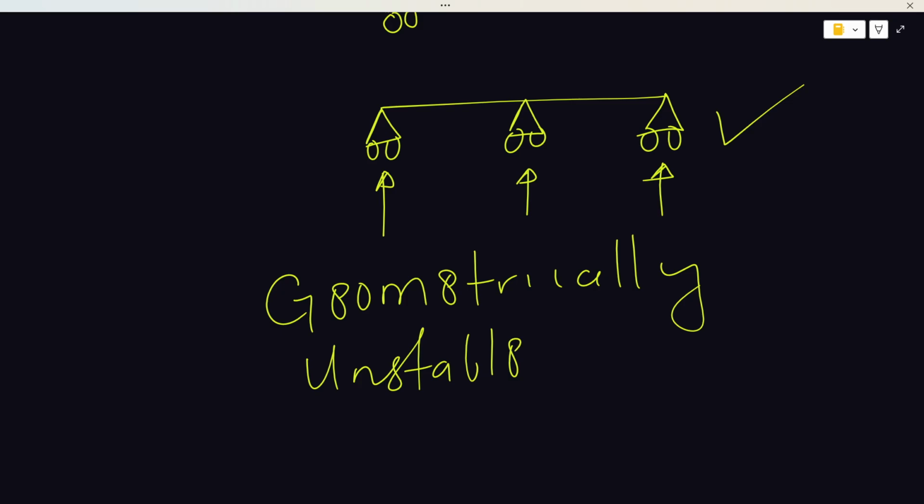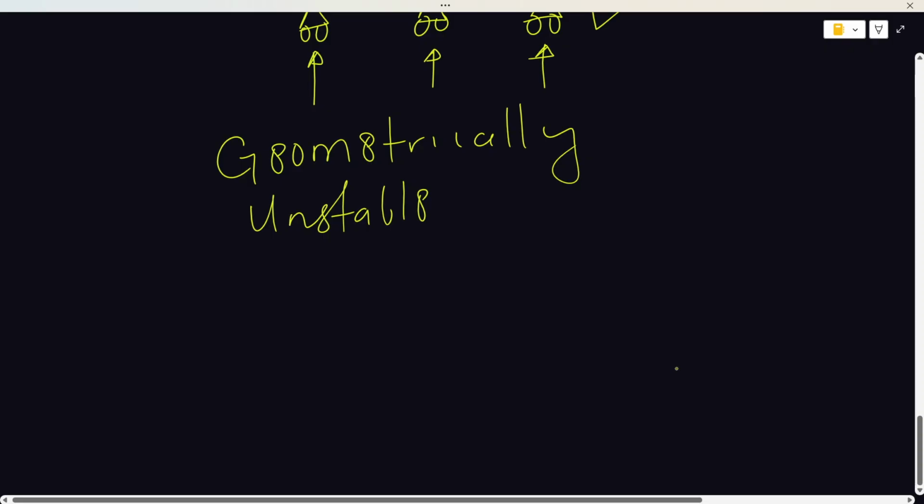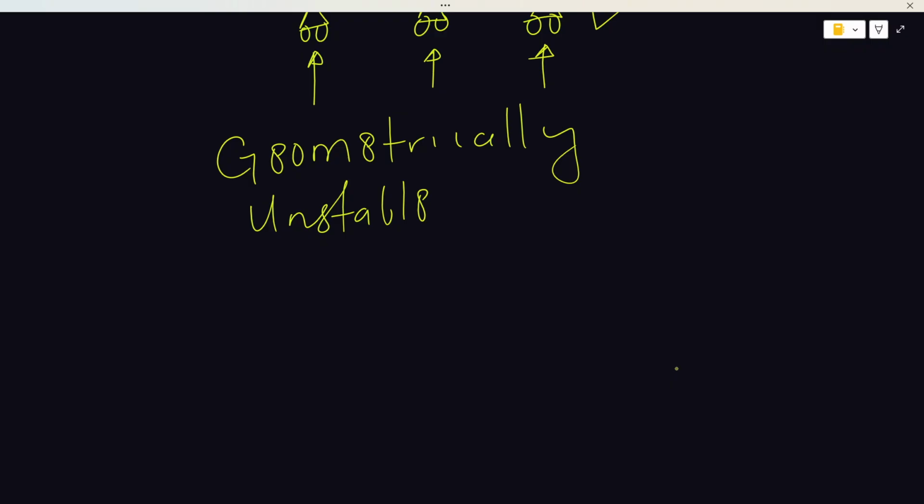To avoid geometric instability, we need to ensure that the forces that the reactions provide are not parallel. They must not be parallel in order to ensure that the structure is geometrically stable.